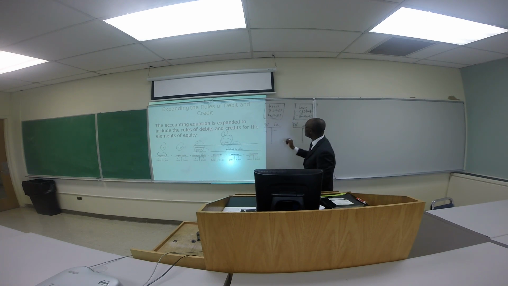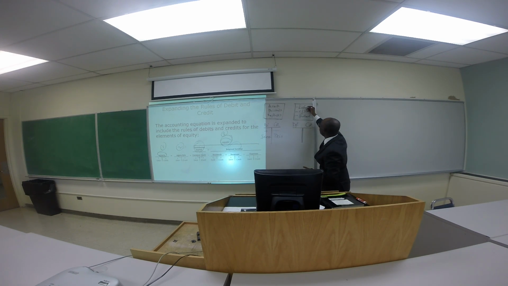So let's take a look at how these rules work. Listen to this, you need to catch this. What this formula is saying here is, anytime there is an increase in any asset, dividend, or expense account, we debit. Anytime there is a decrease in any of these, we credit.